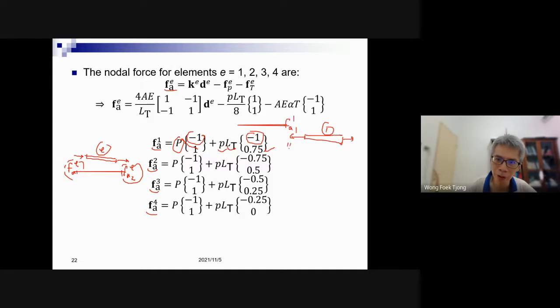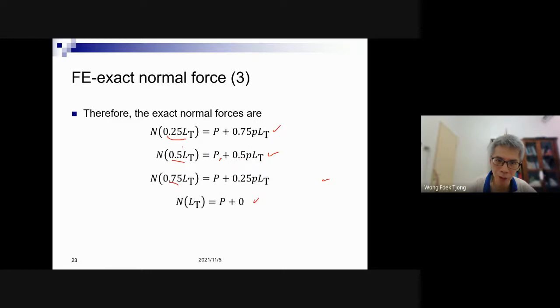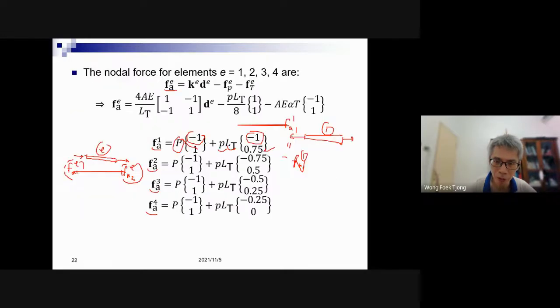But the normal force, of course, is equal to minus. That's because of the sign convention. Sorry, this is N. So this is 1, and then for node 2, this one, 0. At node 2, 0 due to P, this P, 0.75 due to distributed. That's exact, right?